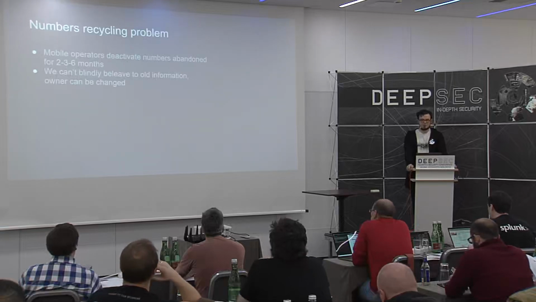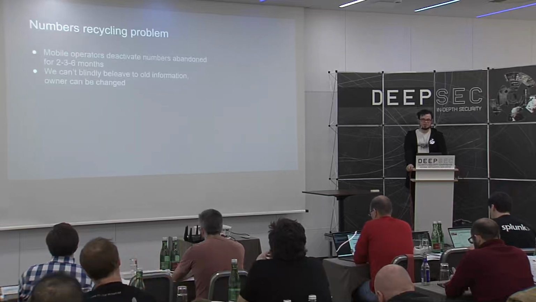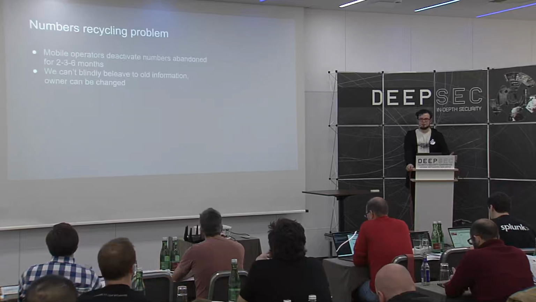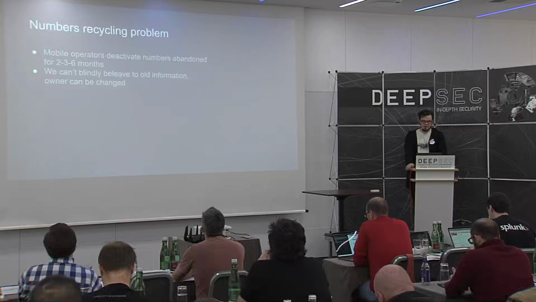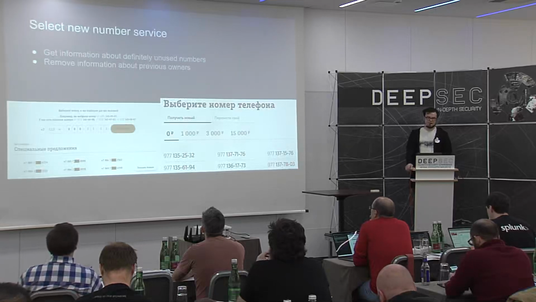Sometimes it can happen in 2, 3, 6 months, sometimes in a year. But it means that we cannot just get all information from 10 years ago and use it to hack the devices, because it usually changes. And now we will start to discuss different techniques.